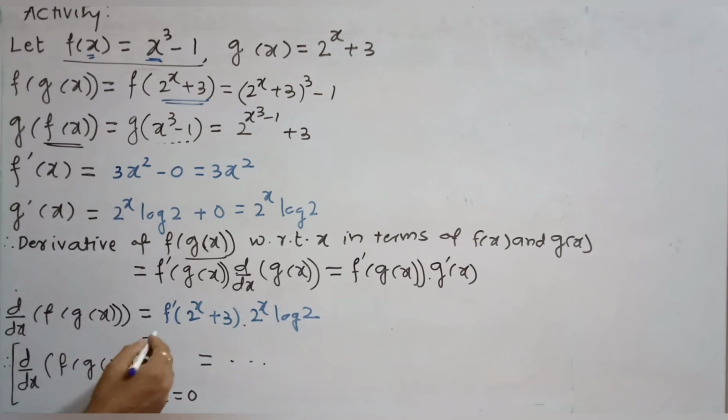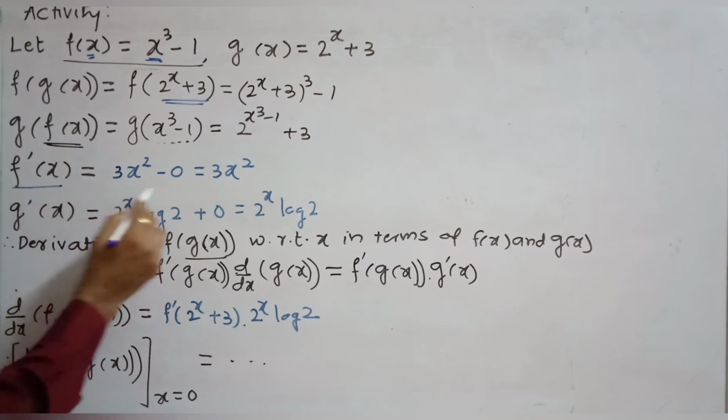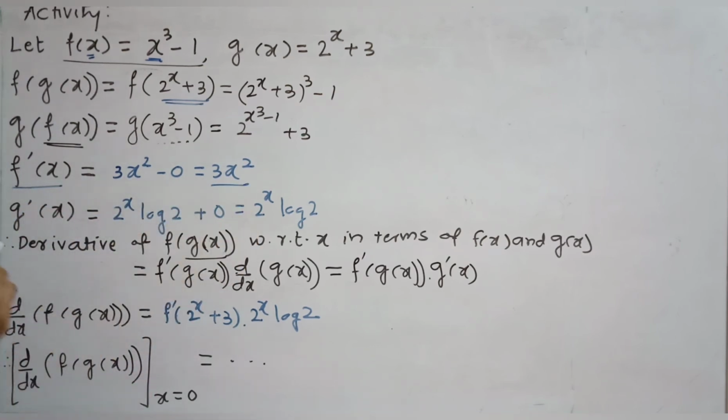f dash of 2 raised to x plus 3 means what? What is f dash x? f dash x is 3x square. So what happens to this f dash of 2 raised to x plus 3? If you use x as input, what is the output of f dash? 3 into that input square. So 2 raised to x plus 3 is the input.